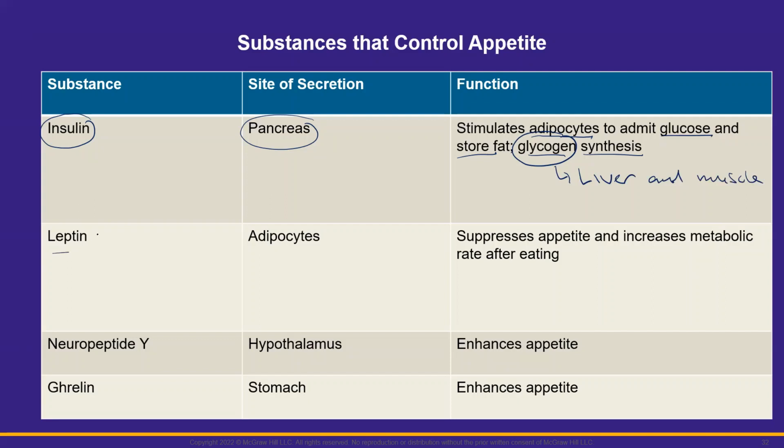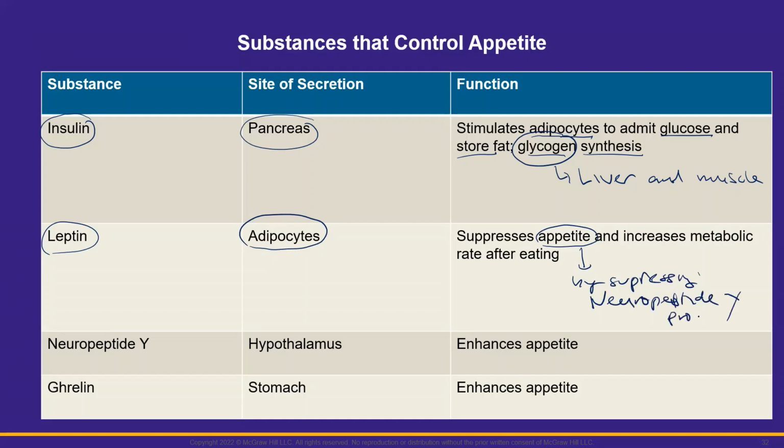Leptin is produced by the adipocyte, or fat tissue, and its function is to suppress appetite by suppressing neuropeptide Y production. It also increases metabolic rate after eating.